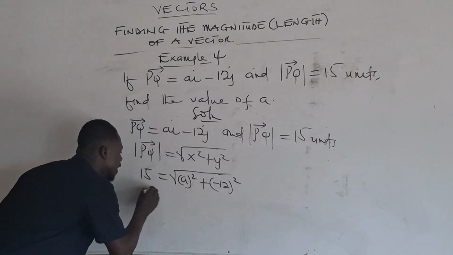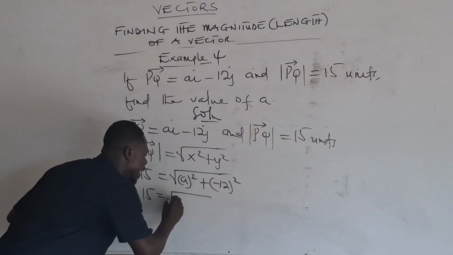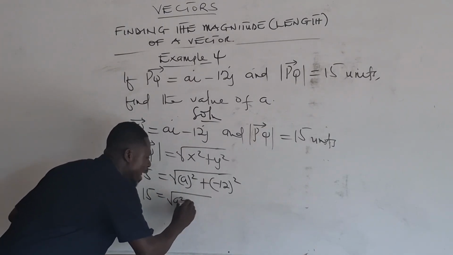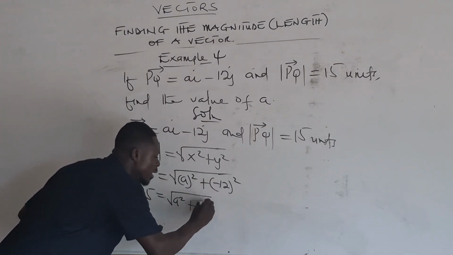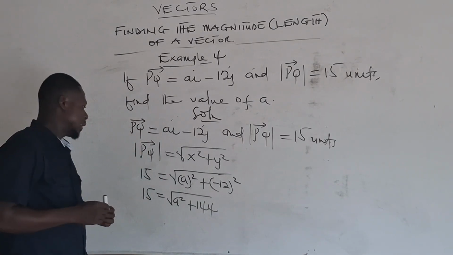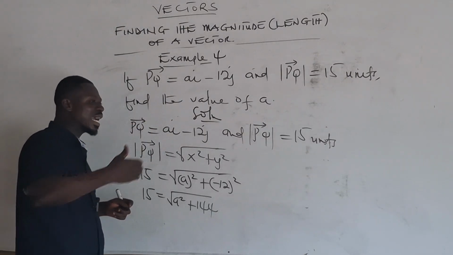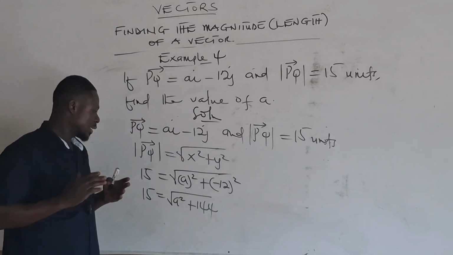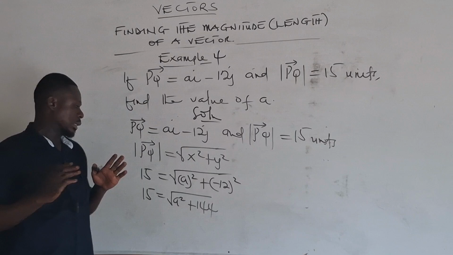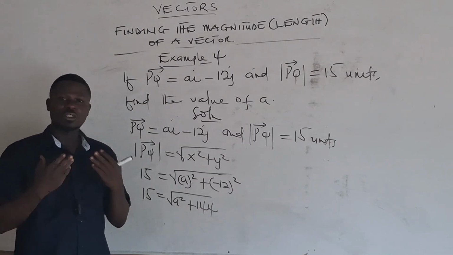We will square each of the parts in the square root. So it will be 15 is equal to the square root of A squared plus 144, since when you square negative 12, it will be 144. Now in order for us to find A, the expression on the right hand side has been covered by a square root.